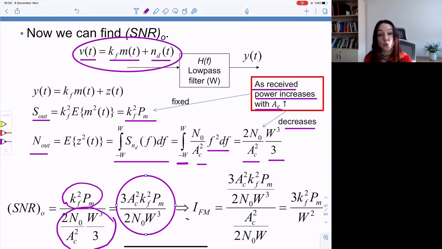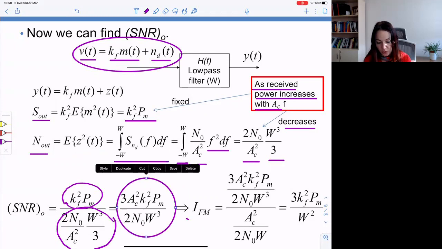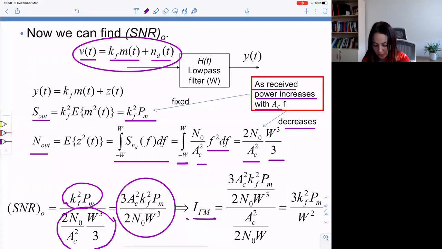Okay, W cubed, interesting. So the SNR goes down rapidly with the message bandwidth. It increases rapidly with the carrier power. Also increases with message power, clearly. How about the figure of merit?